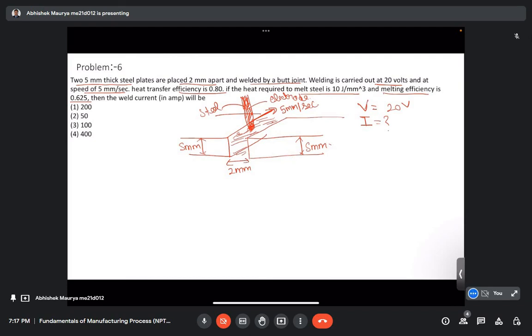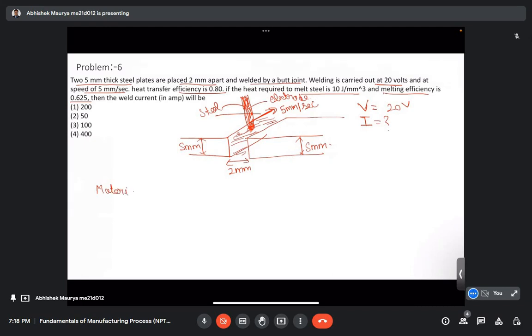So let's try to find out how much material is getting filled per second.